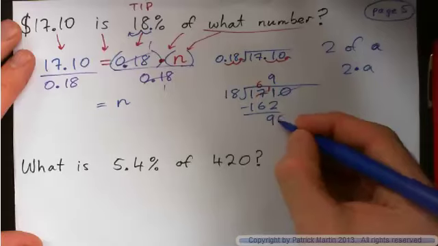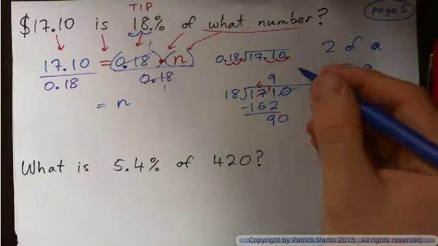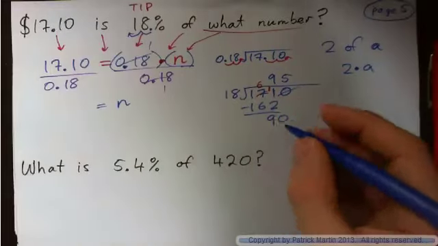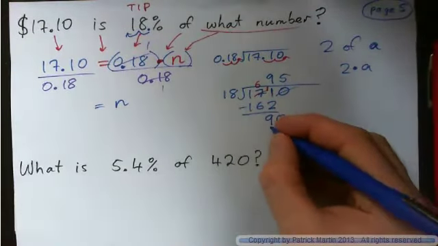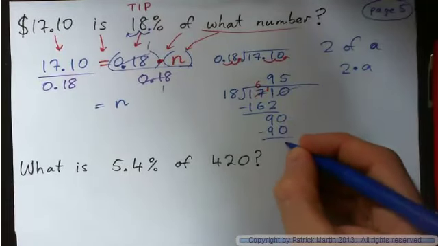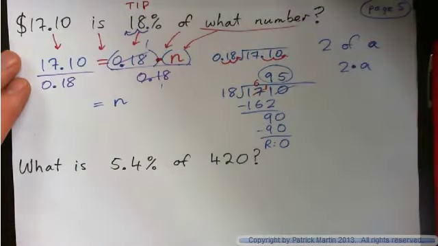Bring the 0 down. 18 into 90 goes how many times? Let's try 5 times. 5 eights are 40, carry the 4. 5 ones is 5, and 4 is 9. Subtract, remainder 0. So the answer is exactly 95.